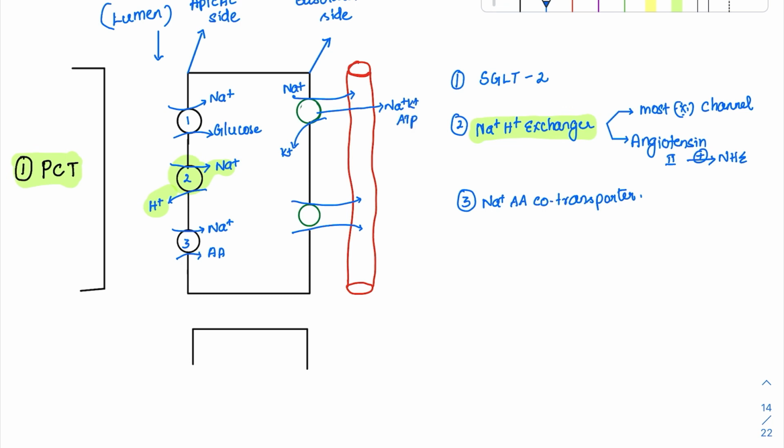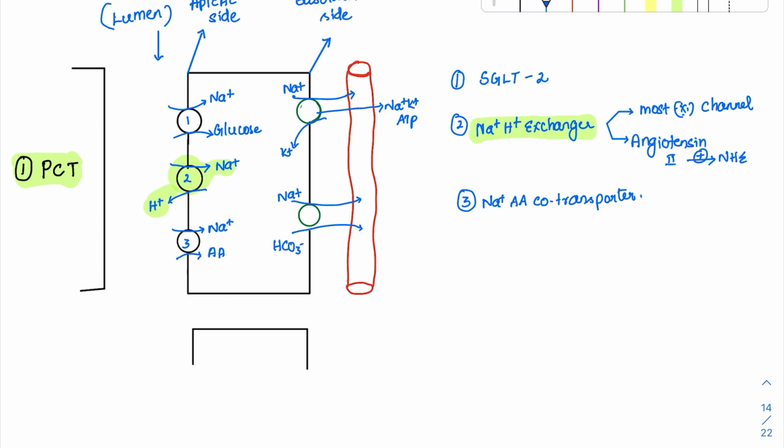Then there is a bicarbonate channel going along with sodium. Sodium from the lumen is transported into the cell, and from the cell it has to go to the blood, going along with bicarbonate. This channel is called the sodium bicarbonate symporter, a co-transporter, transporting both together.